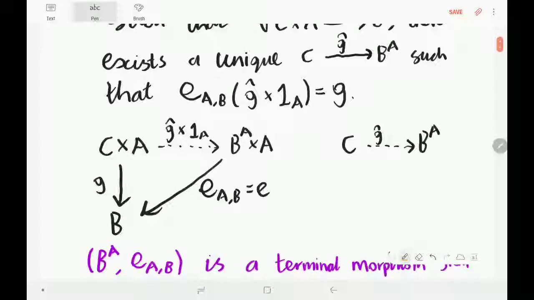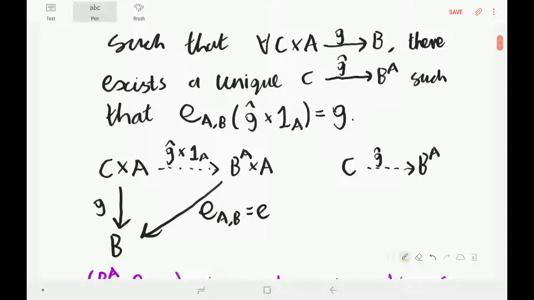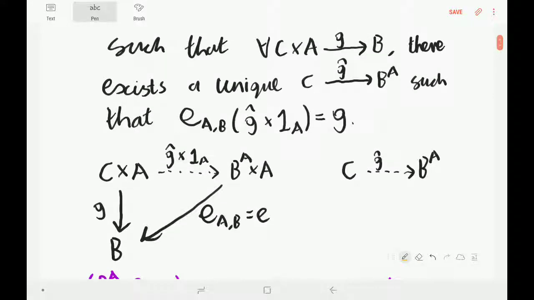I'm going to very shortly go into the intuition behind this. It's important to have the intuition, because it's a rather abstract concept.